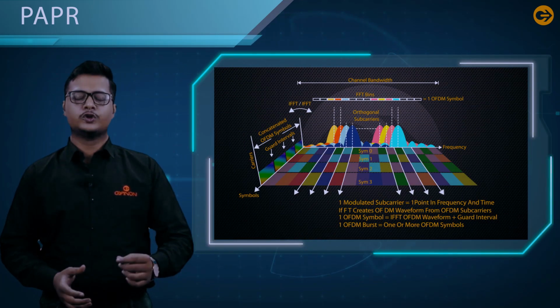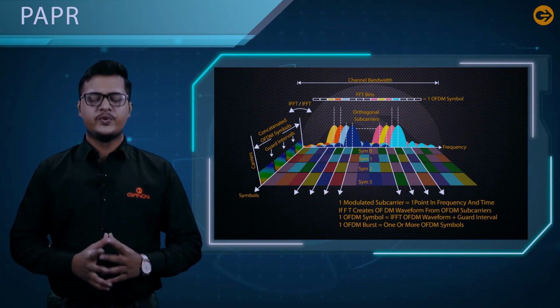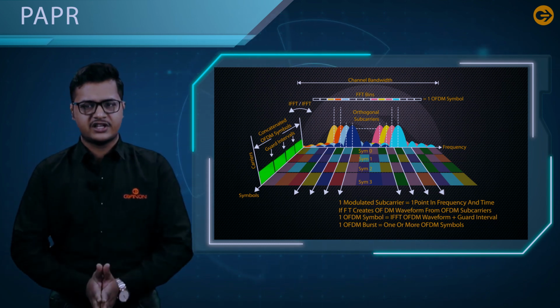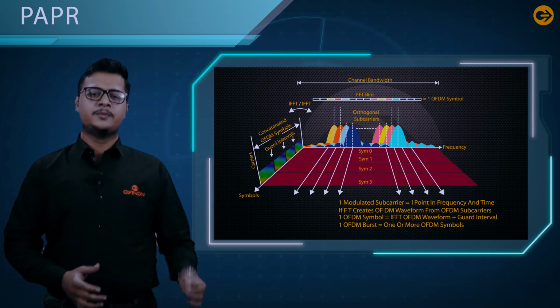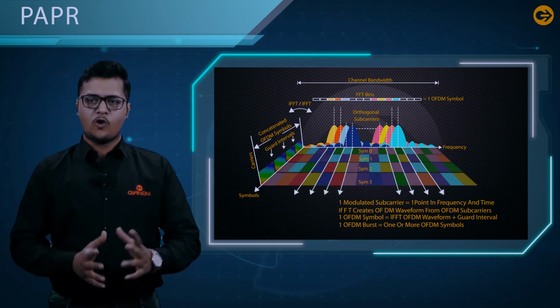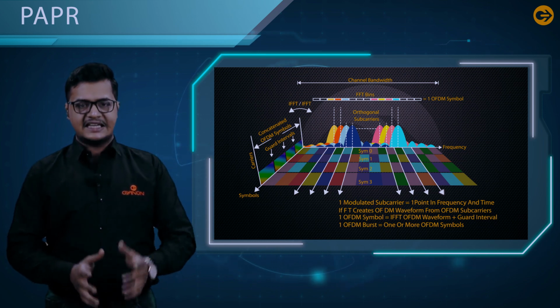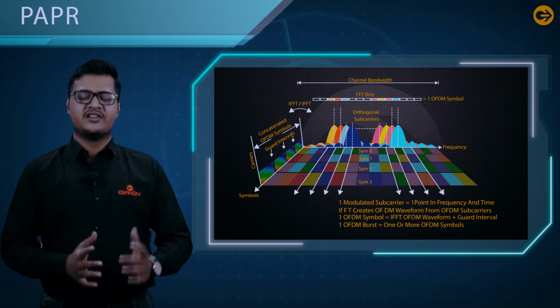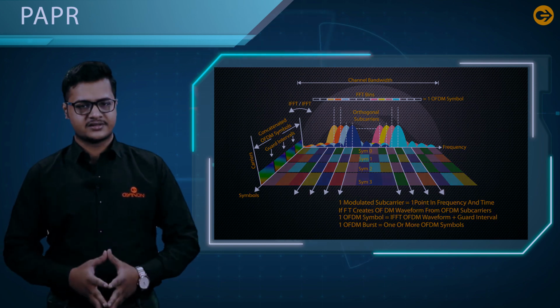So at first, let's take a quick recap of orthogonal frequency division multiplexing. We already know that OFDM can be described as a spectrally efficient digital modulation scheme that employs multiple carriers which are mutually orthogonal to each other over a given time interval. Each carrier consists of a pair of sine and cosine waves, relatively known as subcarriers.